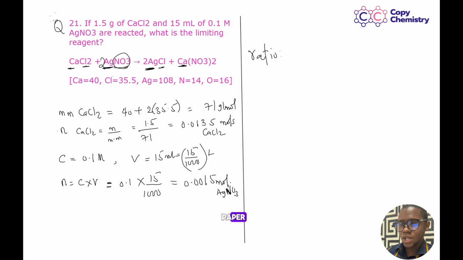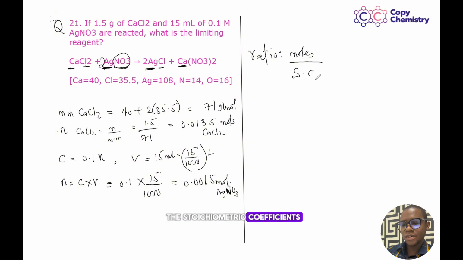That ratio would be the number of moles that you have solved out here divided by the stoichiometric coefficients, written as SC, stoichiometric coefficient. And what does that mean? It means the numbers in front of your balanced equation, 1 and 2.